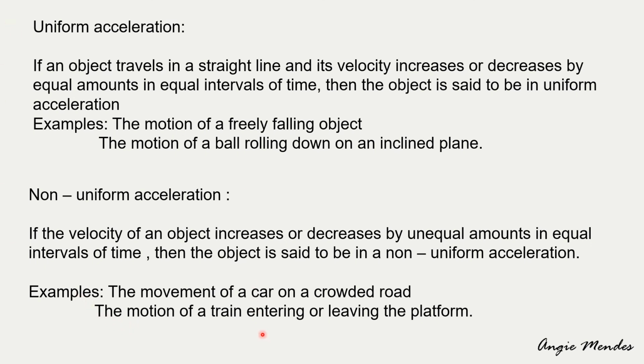Now, if you have ever been caught in a traffic jam on the road, you will understand this, that the velocity can increase or it can decrease by unequal amounts in equal intervals of time when you are stuck in a traffic jam. Also, the motion of a train entering or leaving the platform, it can either gain acceleration or there can be deceleration.